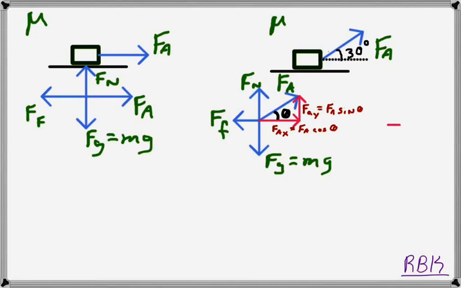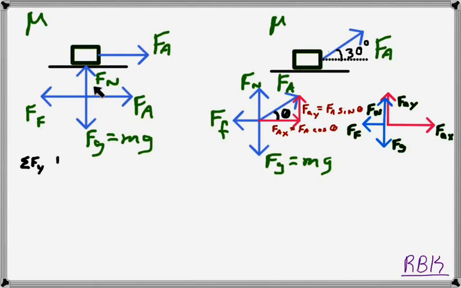And now I'm going to redraw the free body diagram so all my forces are just in the x direction or the y direction. So what I can do from this in each of these pictures, I'm going to go back to my first free body diagram. And first I'm going to do the sum of the forces in the y direction.